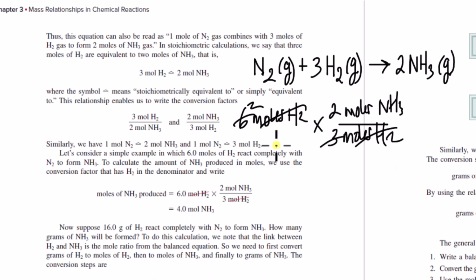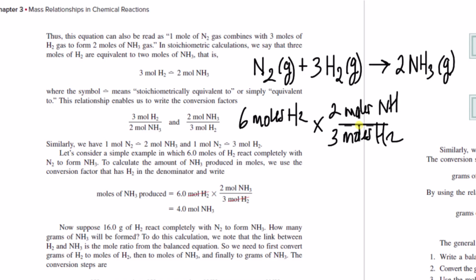But we could have converted this moles of H2 consumed to any reactant or product. If there was multiple reactants or multiple products, we could have converted this to whatever we want, right? Because everything is stoichiometrically equivalent to everything in terms of moles or any kind of count of the compounds, right?